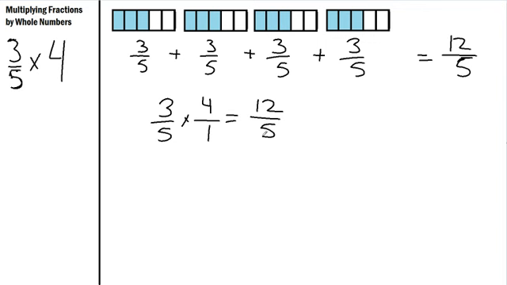Well, let's also talk about multiplying using this information. We can also do multiplying whole numbers by fractions.